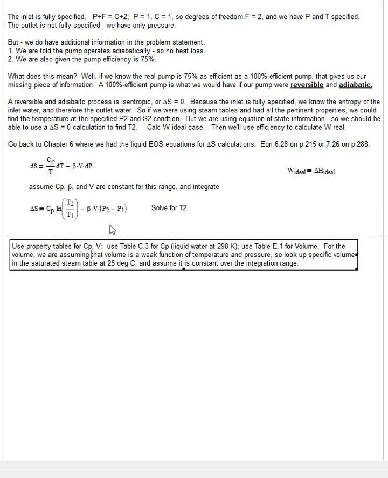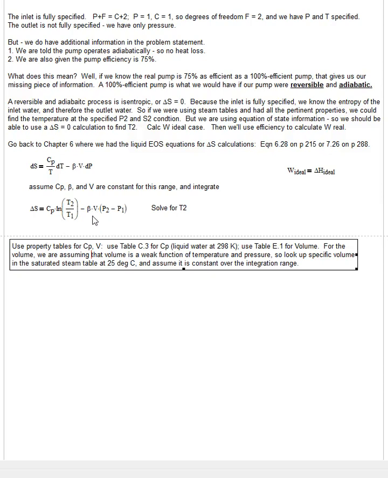That would be something we could do, but if you did that, notice we don't know what T2 is, and so we don't know what conditions we would use to find the volume at the outlet. So this would have to be an iterative process where you guess a T2, look at the volume, do the calculation, run through everything, and then recalculate T2, and it would be a long process.